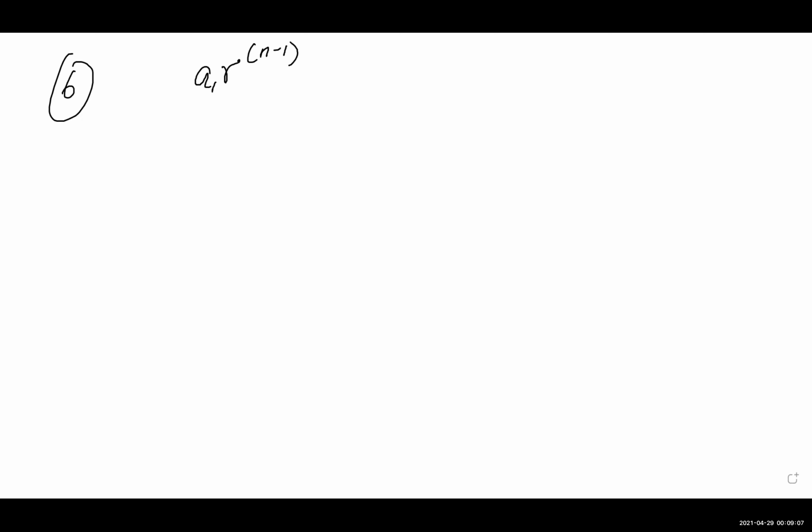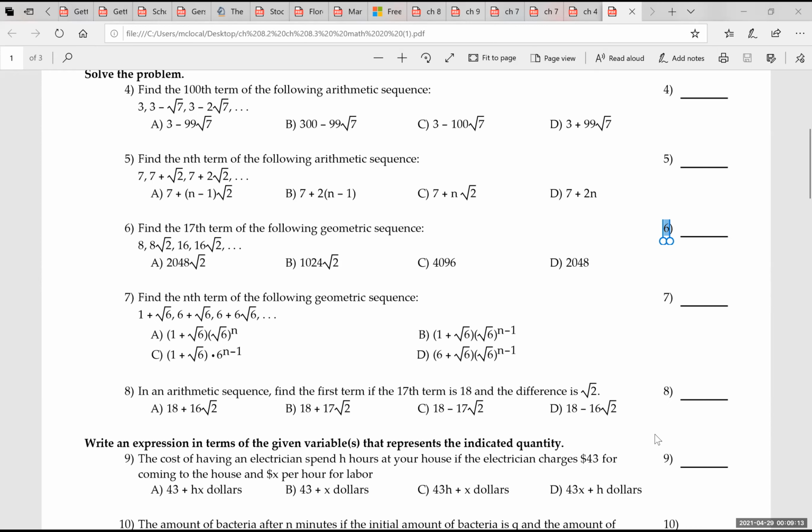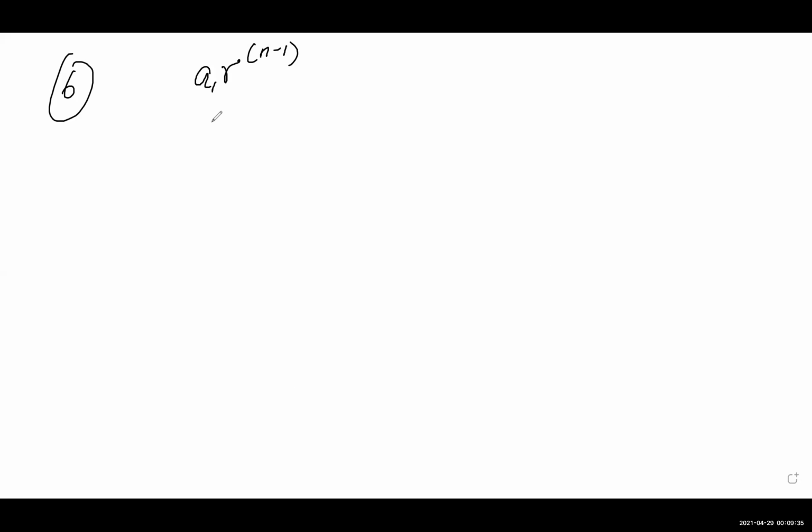Okay, I need to copy that problem down because I don't have it with me here. So let me write it down. We have 8 square root of 2, 16 square root of 2. So the problem is 8 square root of 2, and then we have 16 square root of 2.